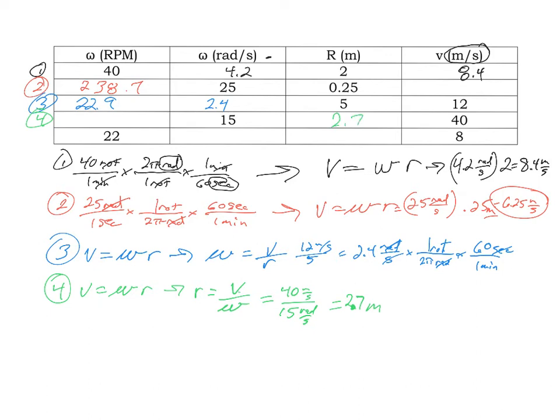I guess I could have done that one first, right? 15 radians per second. There's 2 pi radians in one rotation, and then there's 60 seconds in 1 minute, so it's 15 times 60 divided by 2 pi.